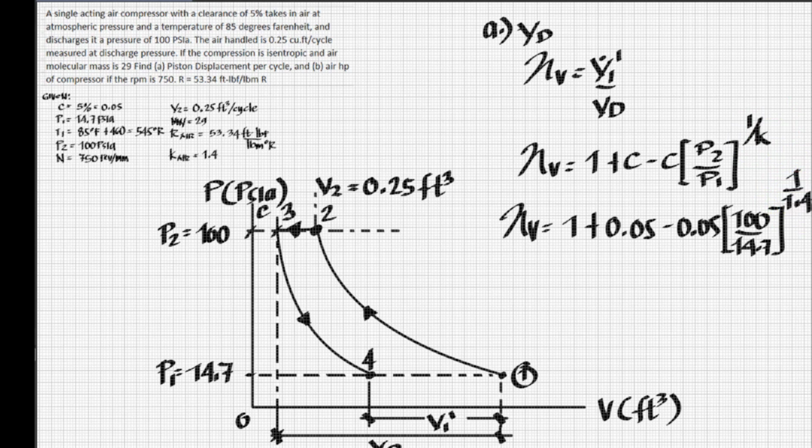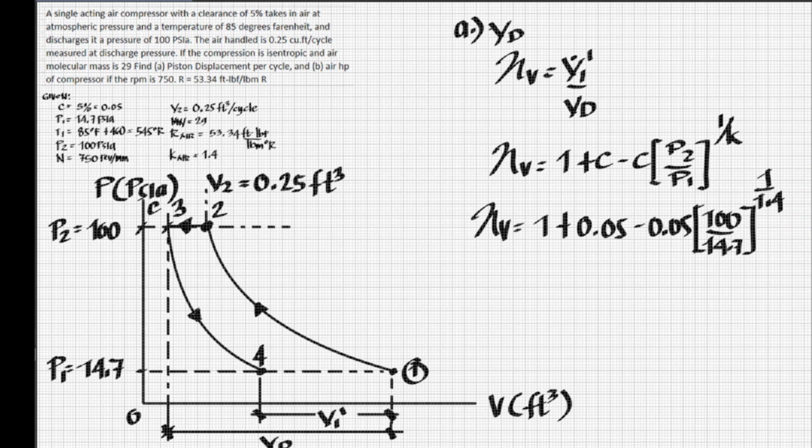Okay. Now, pressing my calculator, I have my volumetric efficiency, which is now equal to 0.8533. Or that can be said to be equal to 85.33% for my volumetric efficiency.